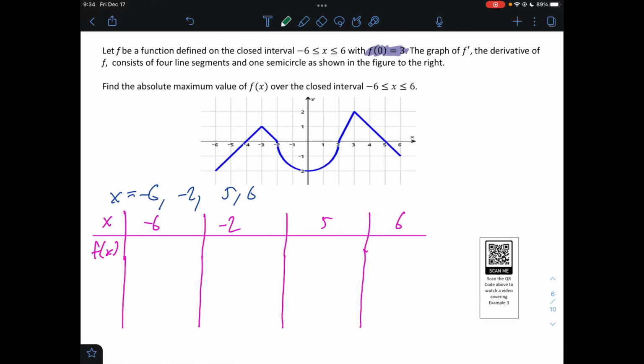So negative 6, if we set up the integral, since we know f of 0, right?